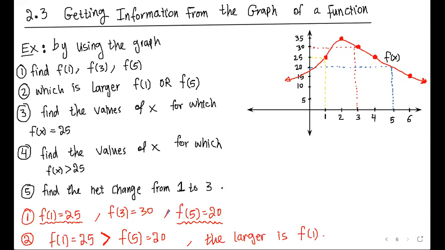There is no plot for 5, only for 6. No, we have for 5. The same idea. You have to draw a line or point and check where this point intersects the curve. It intersects the curve at this point, then you check what the y value is. The y value looks like 20.